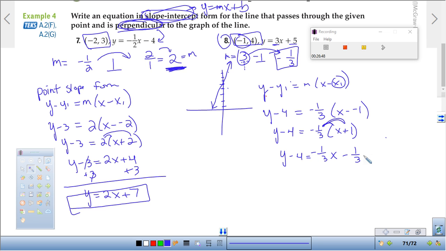So now what do I do, guys? That's it, plus 4 cancels here. I'm going to go to y is equal to negative 1/3 x. This part right here, how do we do that one?